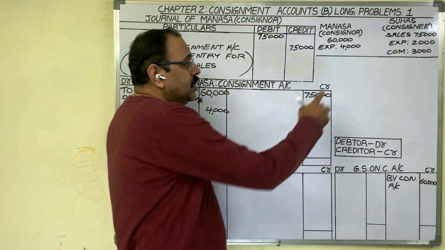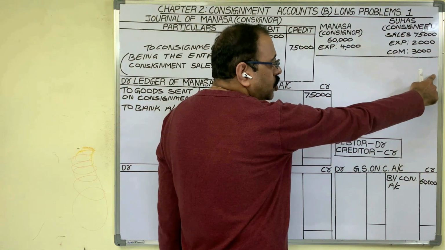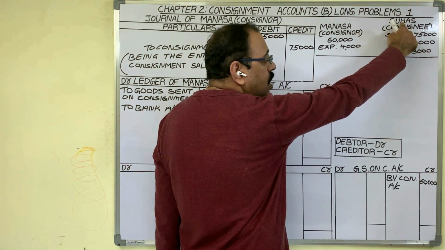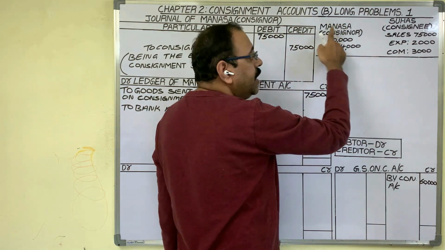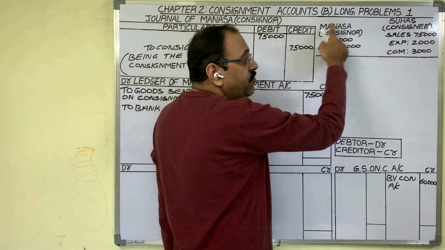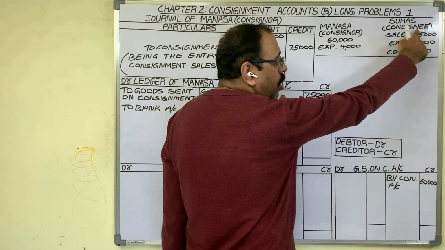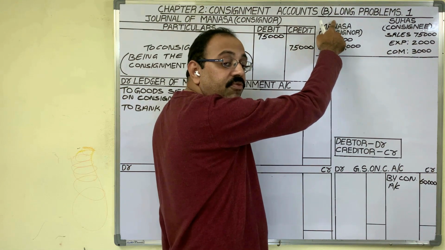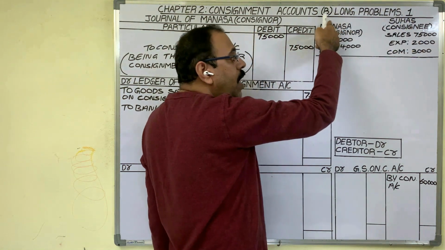Here, Suhas sold these goods to customers and Suhas received this 75,000 rupees. Here Suhas is only a mediator between customer and consignor. So for his sales, he gets commission. This sales amount he should return to Manasa. 75,000 rupees Suhas has to pay to Manasa.